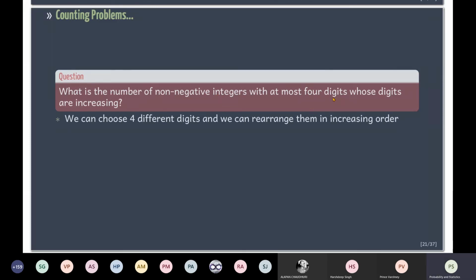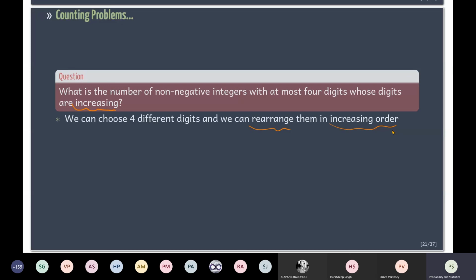Okay, so let us look into this. The digits must be increasing also, right? So we can choose 4 different digits, and we can arrange them in increasing order. That's something we can do. Now the thing is, ordering matters in the result, but the way we are picking, we can always order it in increasing order.